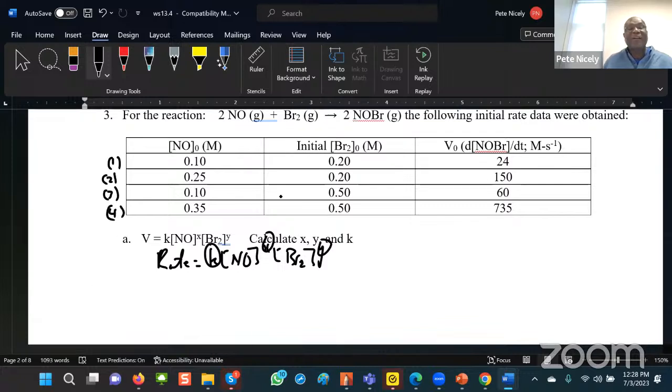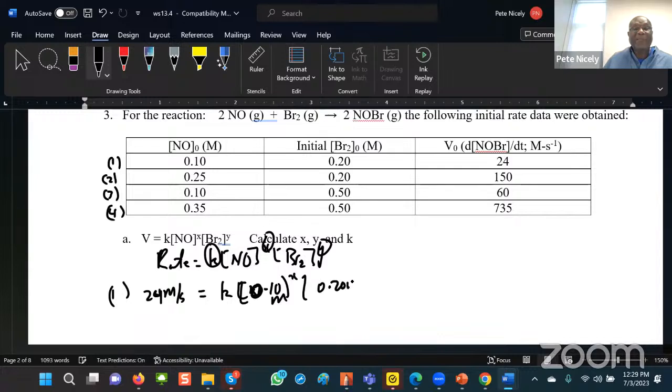So for comparing the first two, the rate for 1 is 24 M/s, and that is equal to k times the concentration of NO, which is 0.10 M raised to the x, times the concentration of bromine, 0.20 M raised to the y.